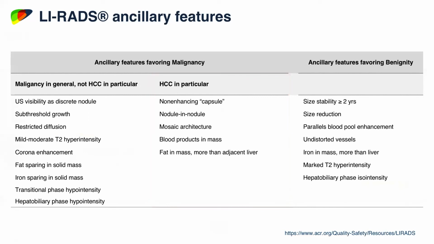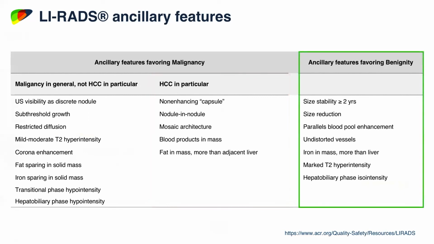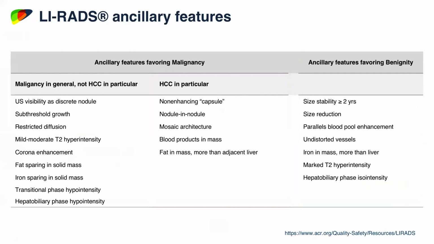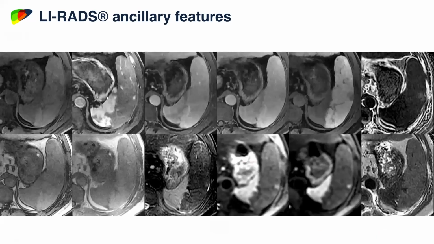Ancillary features favoring benignity are shown on the right and include things such as size stability or spontaneous size reduction. Now, I'm not going to go into all of these ancillary features. Suffice it to say that they exist. Some favor malignancy in general, some favor HCC in particular, and some favor benignity.